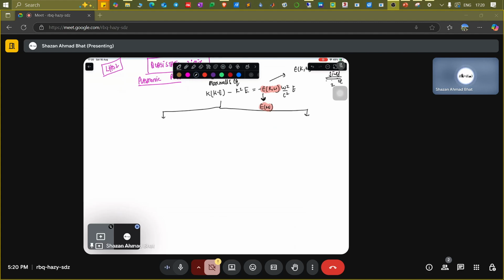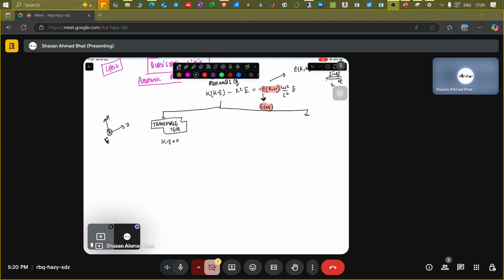So there are now two scenarios that arise from this picture. The first is if your incoming wave is transverse. That means you have a transverse electromagnetic wave, for which the k dot E product is going to be 0. For the transverse wave, the electric field is perpendicular to the direction of propagation.